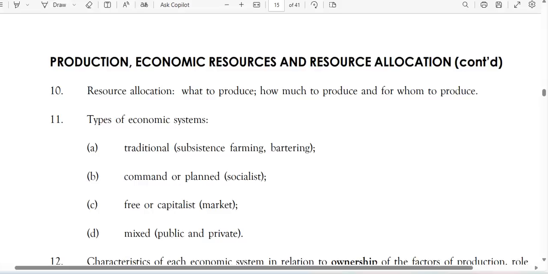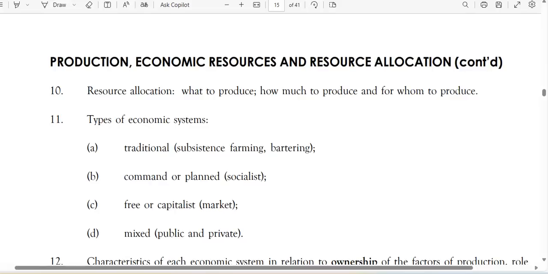What to produce? This asks, which goods and services should the economy produce? Societies must choose between necessities like food and healthcare and luxuries like video games or designer clothes. For example, a country may choose to produce more rice and less sugar to meet food security needs.